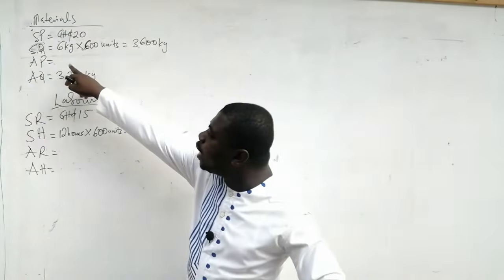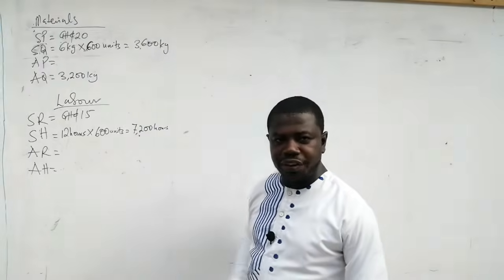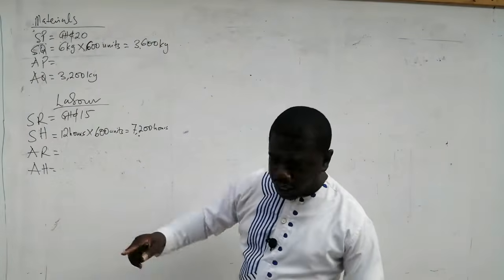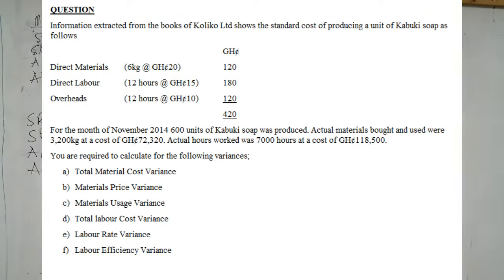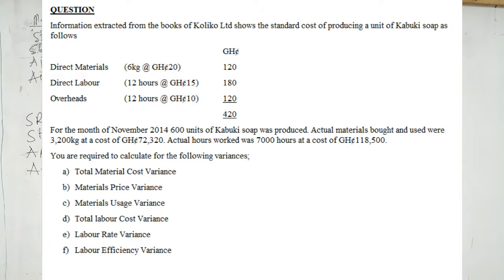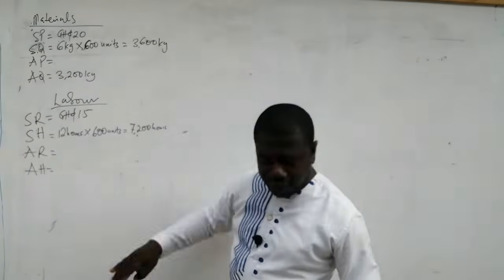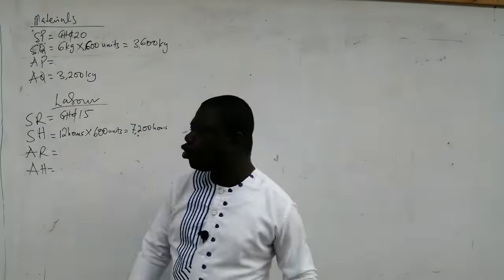We only need the unit price for the actual, because I told you the prices should be given in units. And because we don't know, we have been given the quantity that was bought and the total cost. What we have to do is to divide the total cost of 72,320. We divide that by the quantity that was bought, and that will give us the price per quantity or kg.